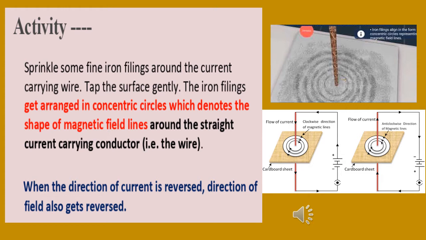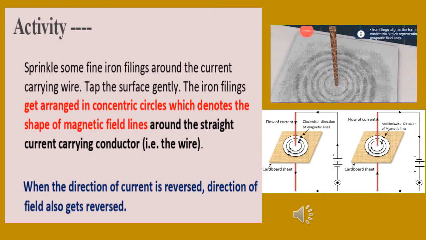Now if we place a small needle magnet on the concentric circles, the north pole of the magnetic needle will point to a particular direction, and in that direction the arrows are drawn as shown in the second figure. Now we are changing the polarity of the battery as shown in the third figure. So the direction of current is also reversed.